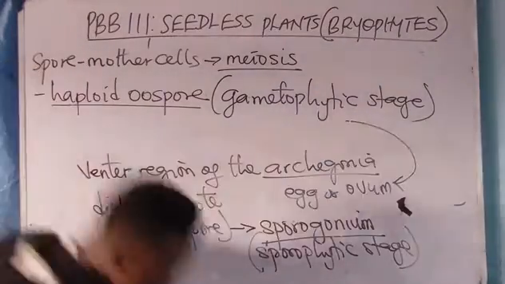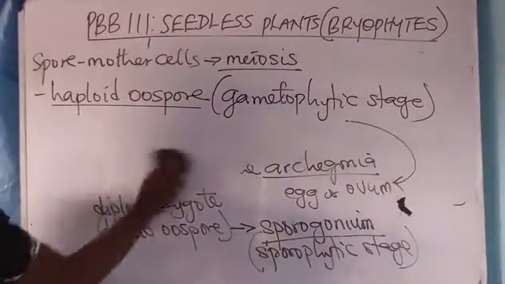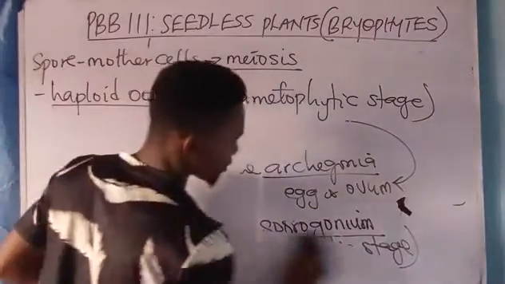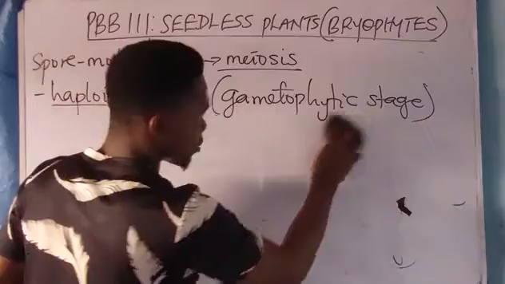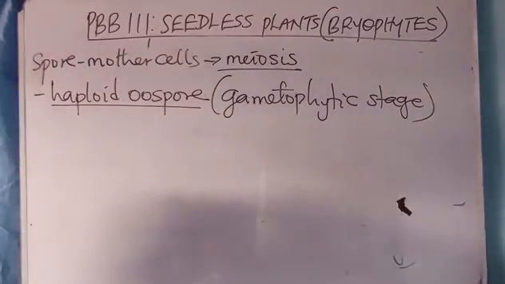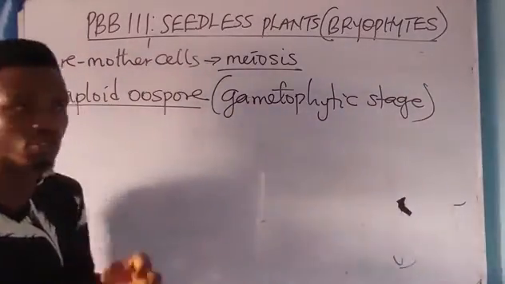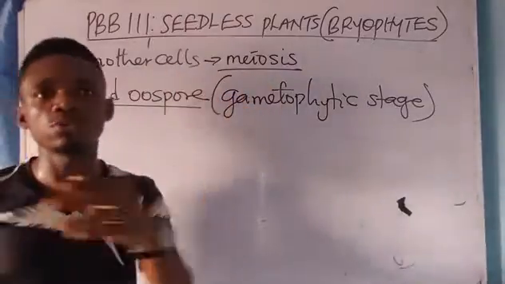So, what are some examples of these liverworts? They will ask you to pick the odd one out. The departments love it very well, don't they? Pick the odd one out in the following.